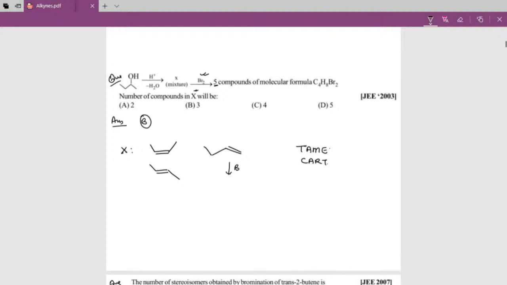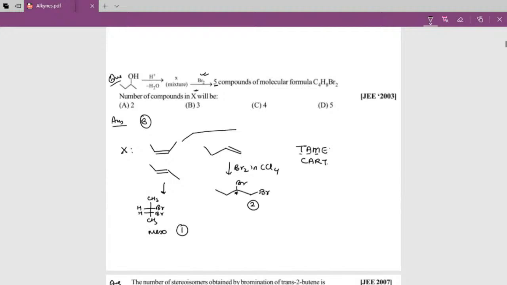If this is added to bromine and CCl4, we'll have bromine and bromine. See, this is chiral. So 2 compounds here. Okay, trans addition, meso will be formed. So when this is treated, then Br, Br, H, H, CH3, CH3, meso is formed, only 1 will be counted.